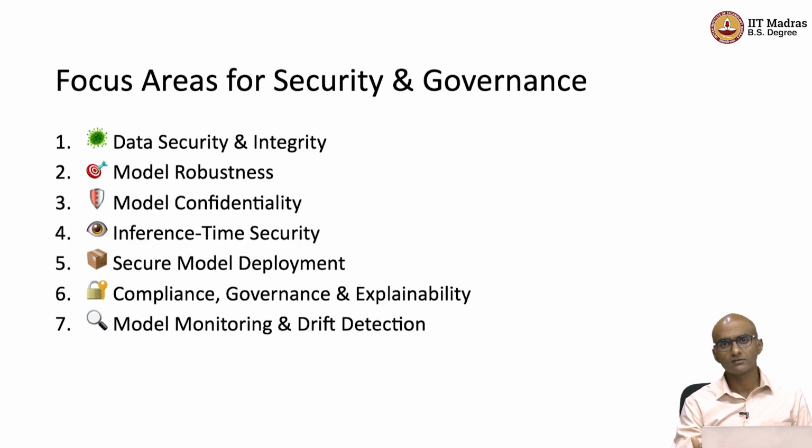Robustness of the model is a consideration that you'll have to give the passage of time to ensure that it's actually consistently producing results across variations in the data. Model confidentiality, ensuring that you're not leaking any sensitive information. Inference time security is also very important. You don't have to reinvent the wheel. Think of it as yet another software which is serving APIs or endpoints.